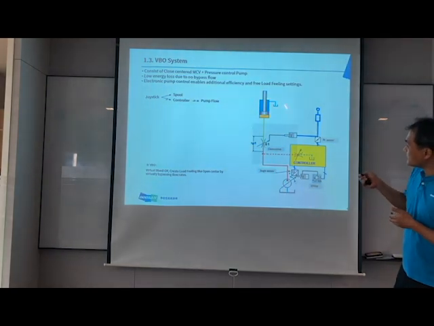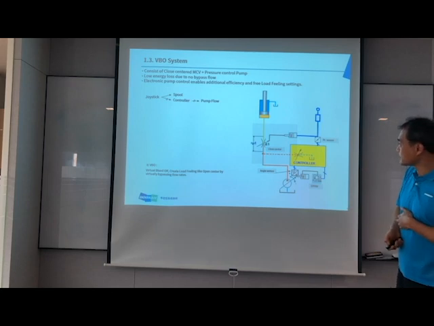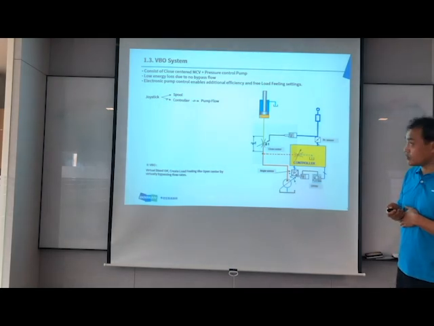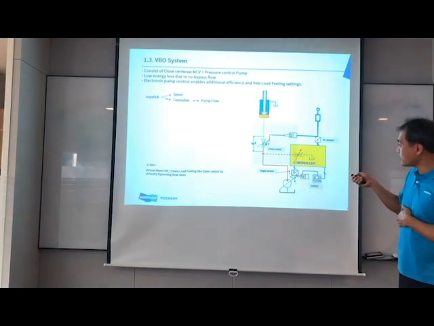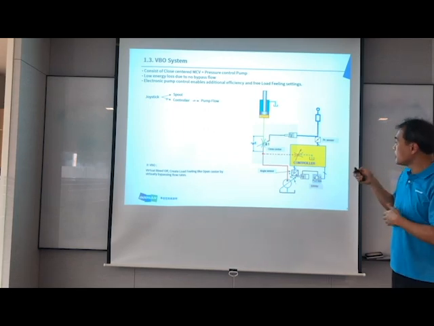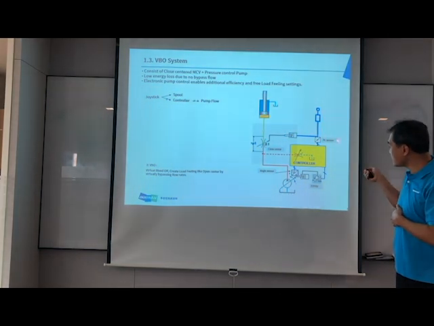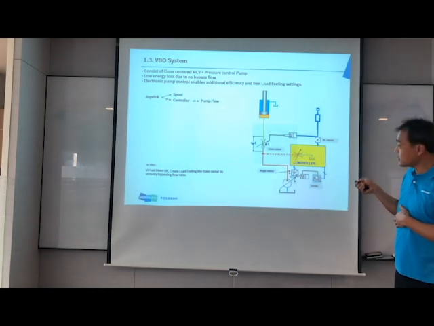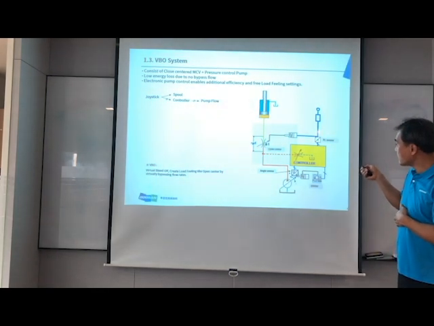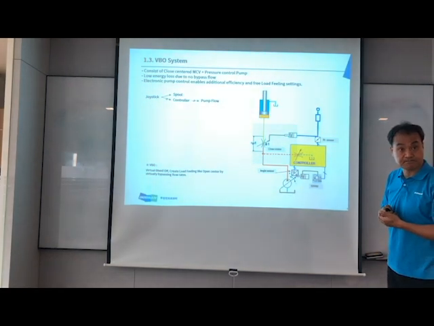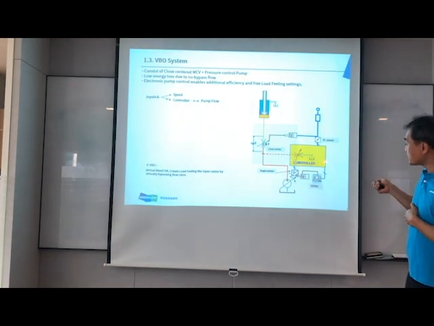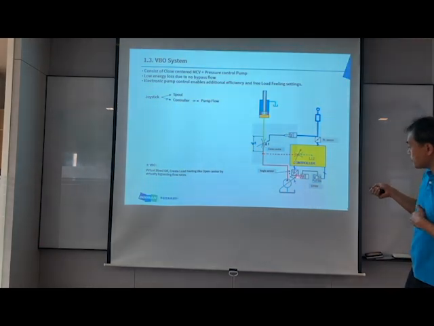Alright? So for example, this is a schematic of the VBO system. What is this? This is the joystick, right? When the operator moves the joystick, the pilot signal goes to the control valve and the spool shifts. But one of the signals goes to this pressure sensor, and the pressure sensor gives the signal to the controller. We call this FPOS. When FPOS gets the signal, it gives a signal to the main pump.